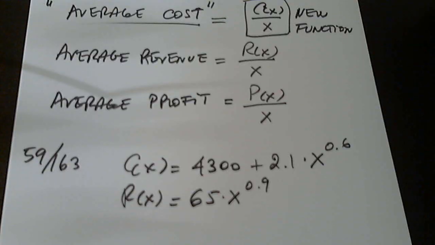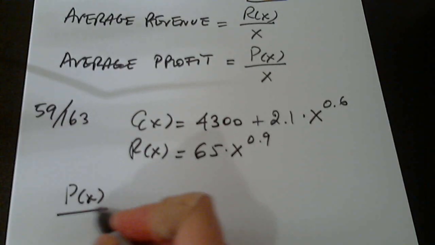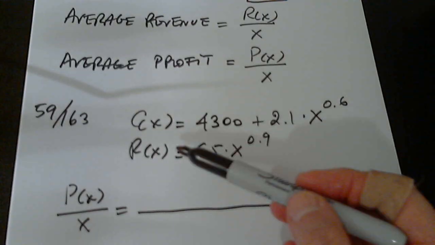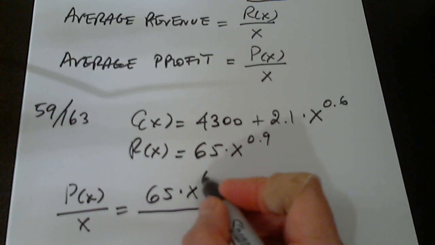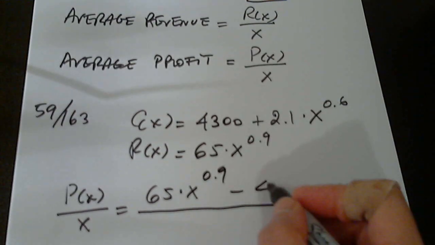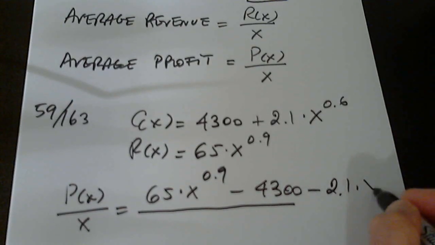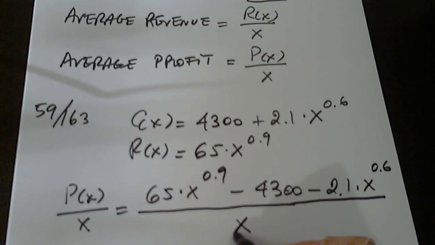So first we are asked to create the average profit. The average profit is the profit, which is revenue minus cost, 65 times x to the 0.9 minus 4,300 minus 2.1 times x to the 0.6, divided by x.